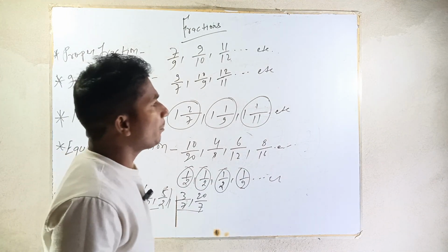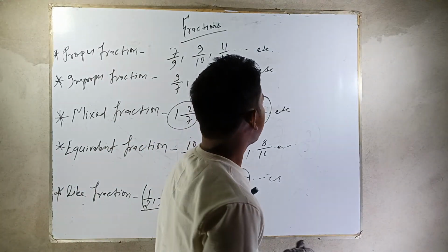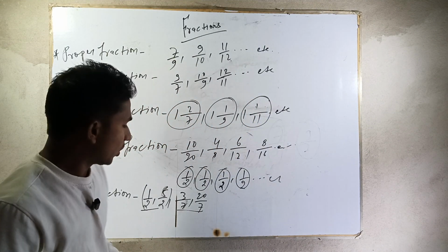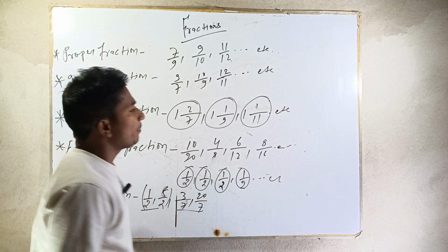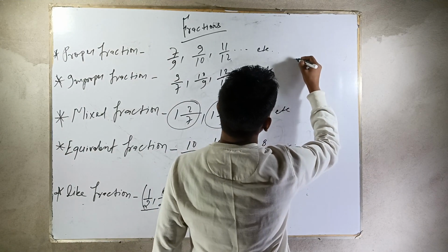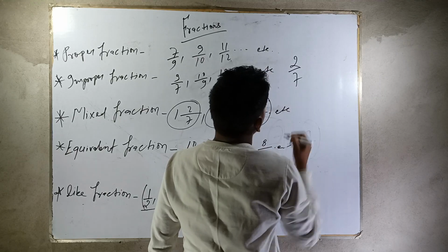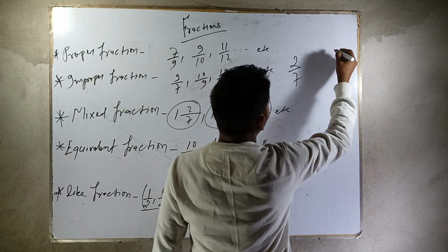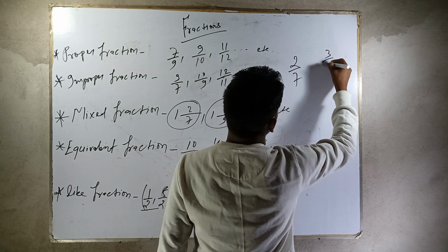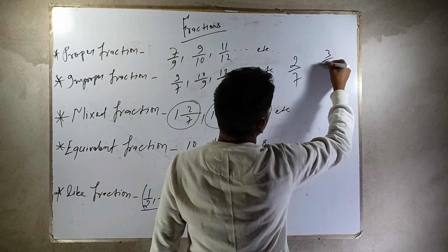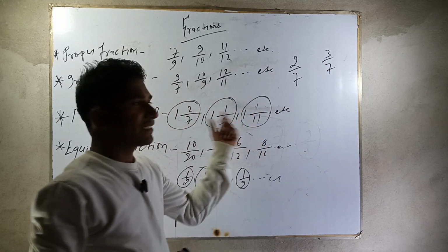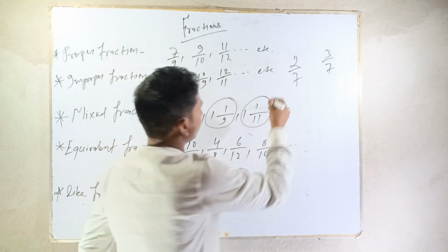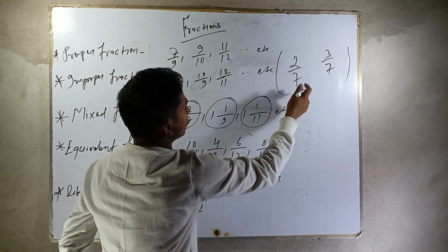If we compare two fractions to see which is greater and which is lower, suppose we have 2 by 7 and another is 3 by 7. Which one is greater?